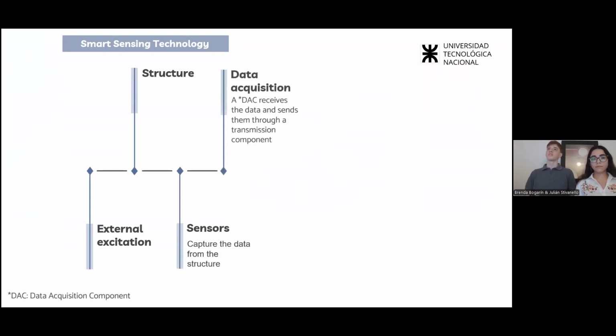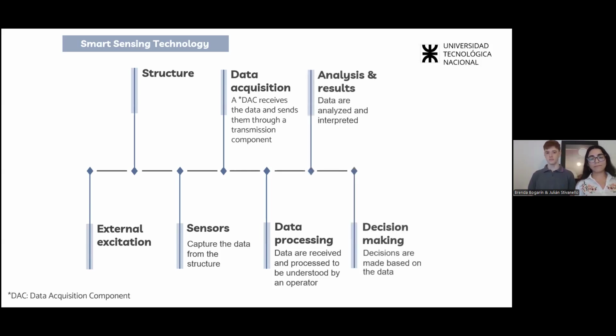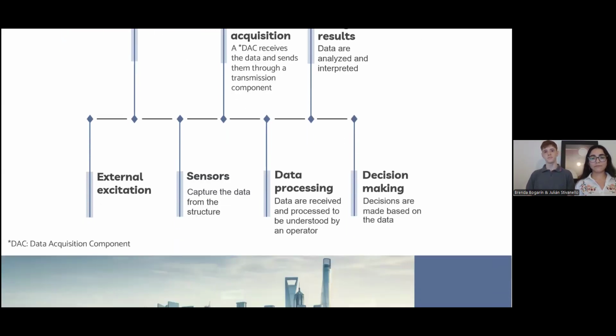When the sensors collect the data, a data acquisition component receives and sends the data to a central computer through a transmission component. When the data is received, a software program processes and analyzes it to be understood by an operator. Finally, engineers can make decisions based on the data.